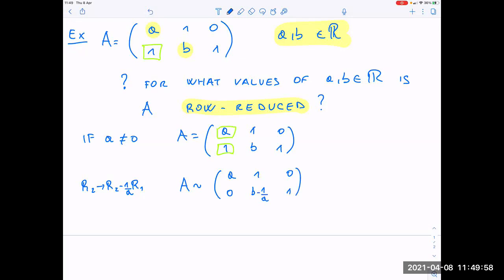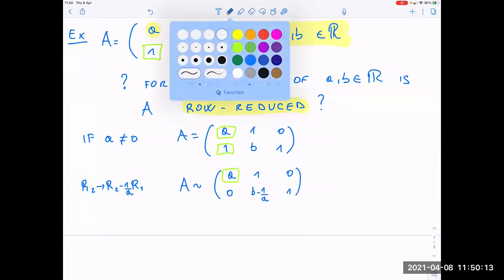Then I look at the markers. I have a marker here, and then I have to look in this position to see what happens to this number here. So now I have a condition.